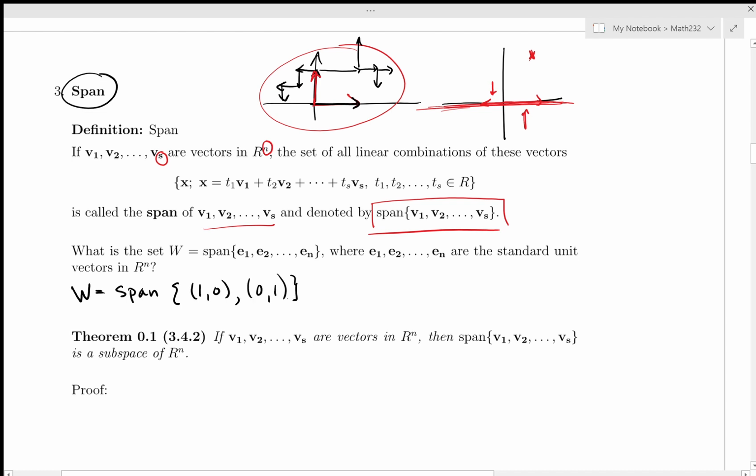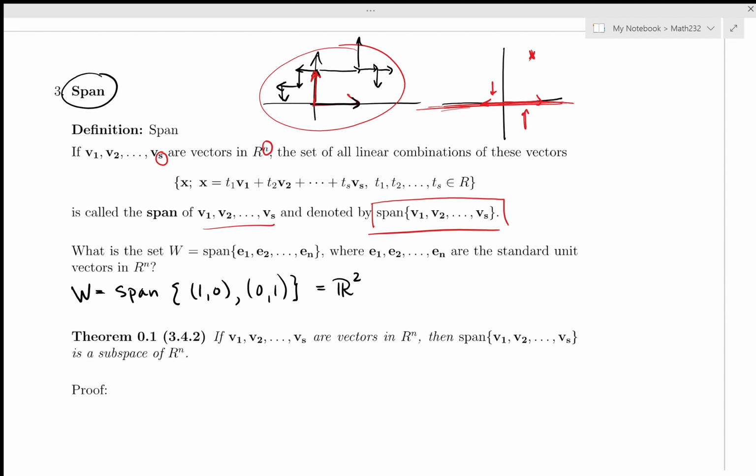And we ask, okay, with those two vectors, where can we go making linear combinations of those? Where we can go is R2. We can get everywhere moving around like that. So we would say that the span of (1, 0), (0, 1) is R2.